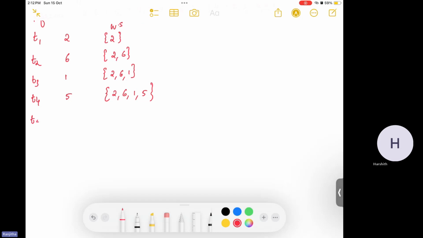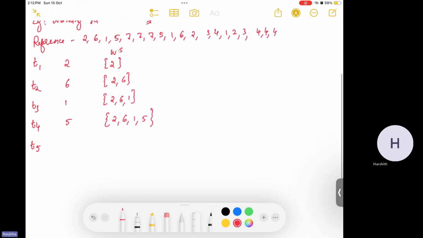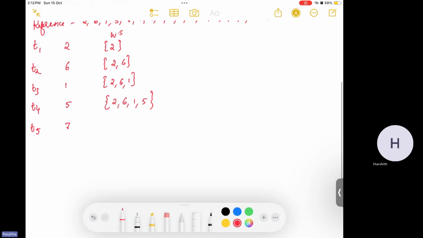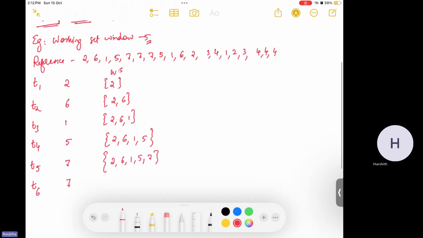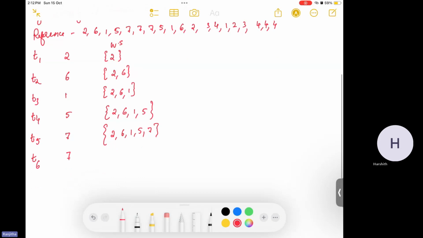Now at T5, when page 7 is accessed, since the working set window is 5, we take the last 5 references, which is 2, 6, 1, 5, and 7. Now at T6, again page 7 is referred.